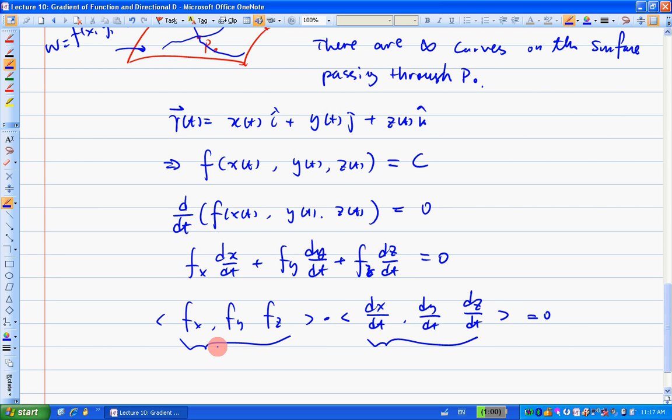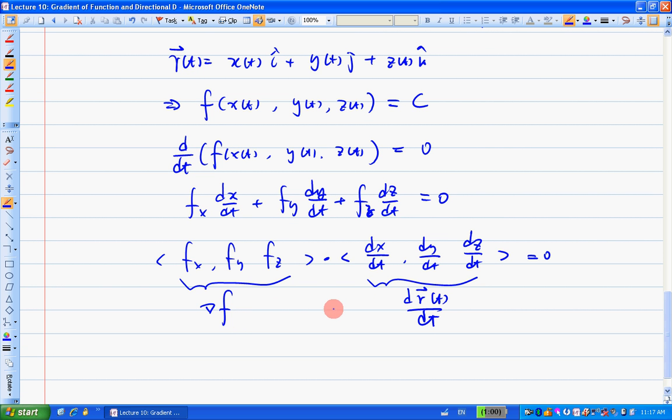What's the first quantity? The gradient. That's the gradient of the function f. What's the second quantity? This is a derivative of what? R. Look, this is R here. This is the derivative of R.